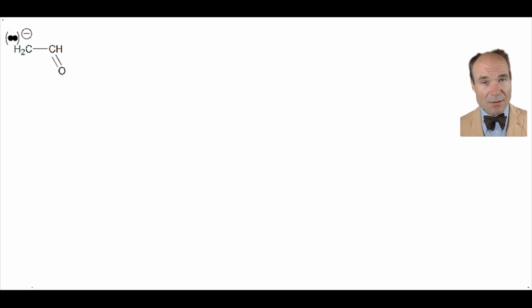Well, we are looking at resonance structure and resonance form again, and hopefully things are starting to look a little bit familiar. That's because we've seen some very similar mechanisms.